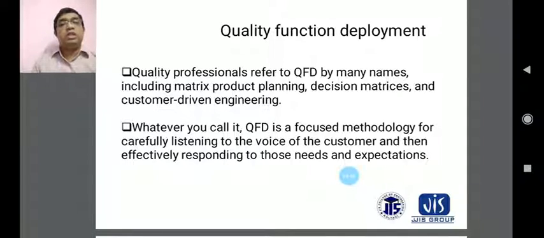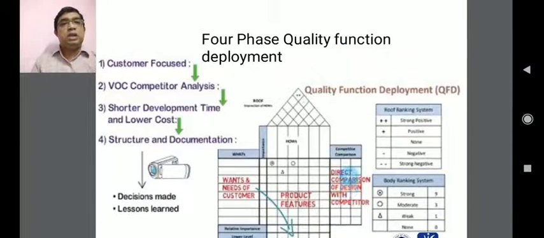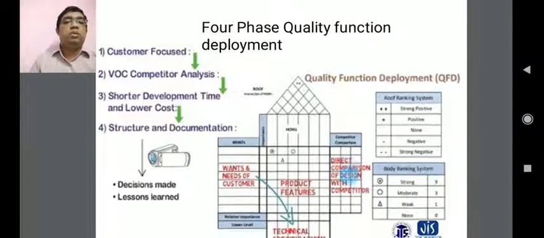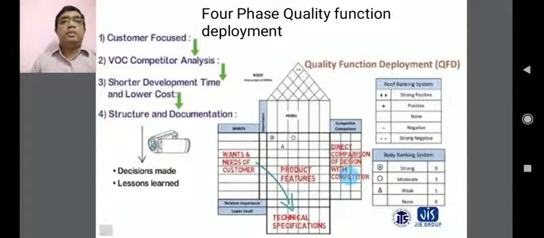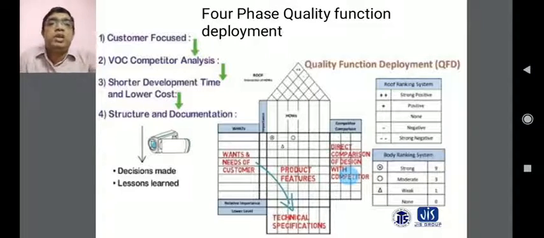Quality function deployment comes out as a four-phase process. The first phase is customer focus. Your customers should be the focus at all times during quality function deployment, because customers must be fully satisfied.